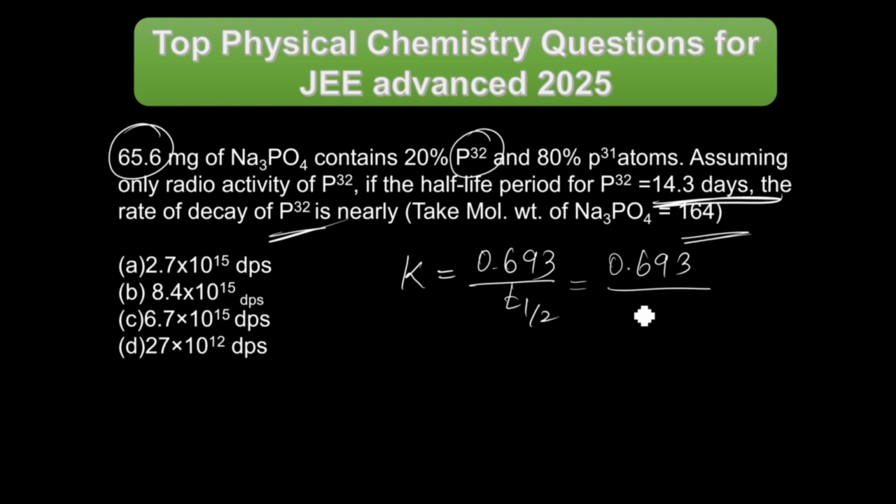Okay, so 14.3 per hour is 24, minute 60, second another 60. Cool, that is for seconds.